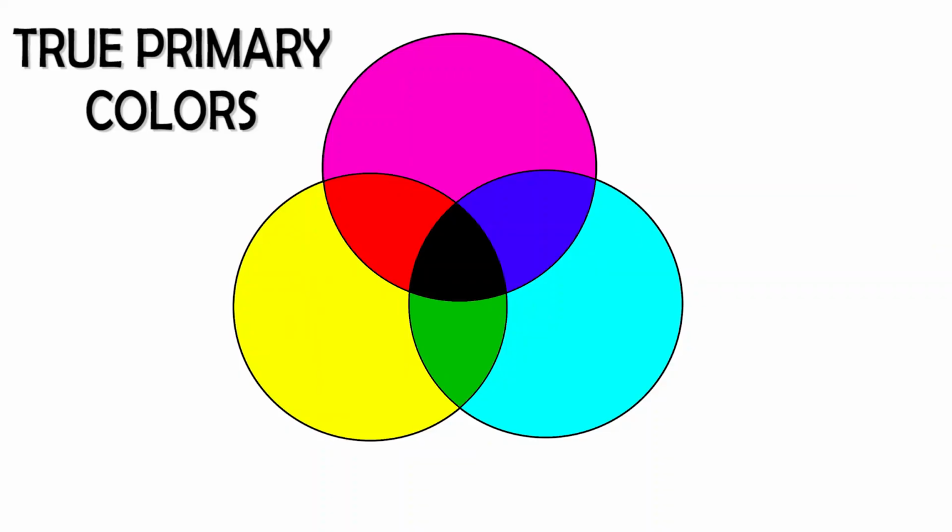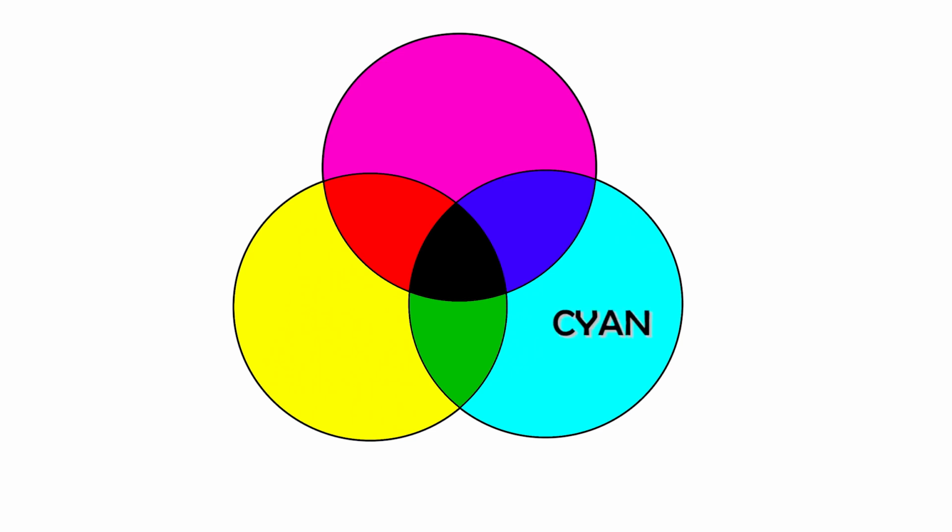Okay, so there has been this long-standing debate in the art community about what the true colors of pigment are. Some will argue that the true set of primary colors are really cyan, magenta, and yellow. And they're right.